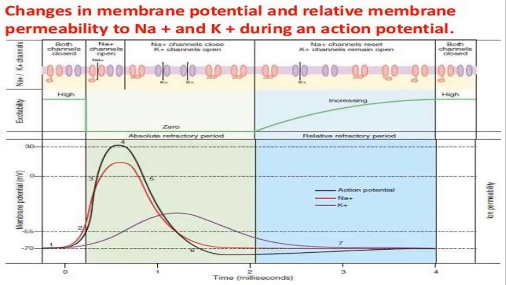The green color one is the action potential. The red color is the sodium conductance of the membrane, and the violet color is the potassium conductance of the membrane in this picture. Then you can see the potassium channels are open. So what is happening? The membrane conductance for potassium is there.